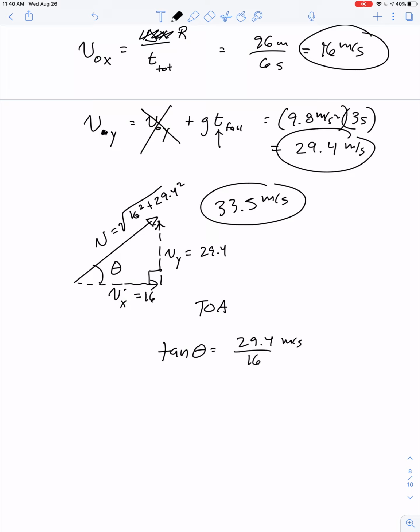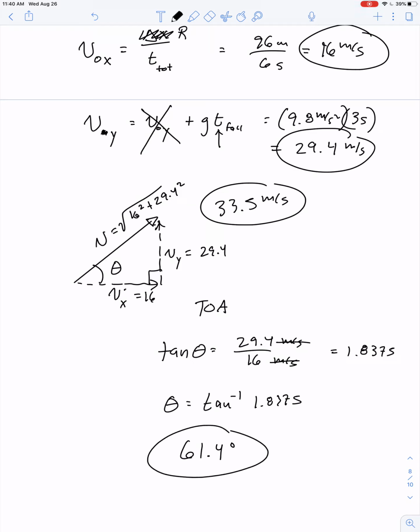Of course, if the units are the same in both the numerator and the denominator, there's no point in including them to begin with. So 29.4 divided by 16 is equal to 1.8375. To get the angle, we need to take the inverse tangent of 1.8375. And that gives us 61.4 degrees.